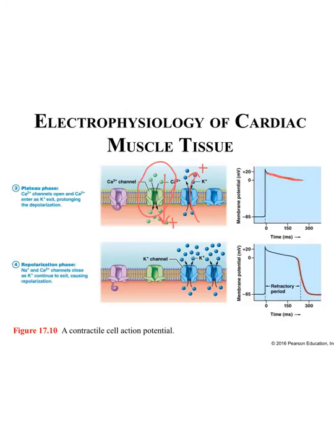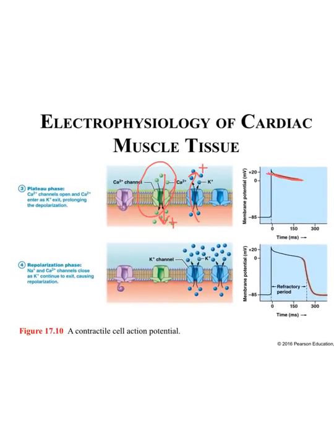Sodium channels are still closed, so we do not have positive ions moving in. We no longer have calcium ions moving in either. The only thing that's moving here is potassium, because we have more potassium inside than out. We are going to return to our resting membrane potential. So that's what repolarization is.